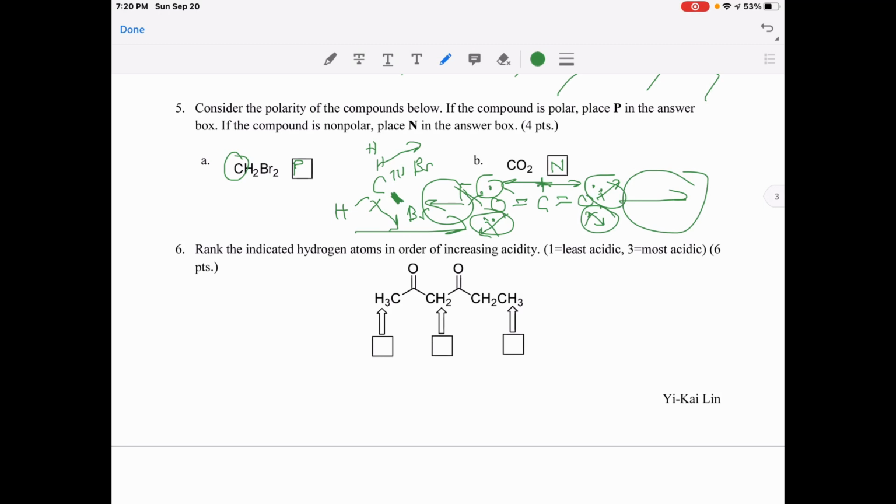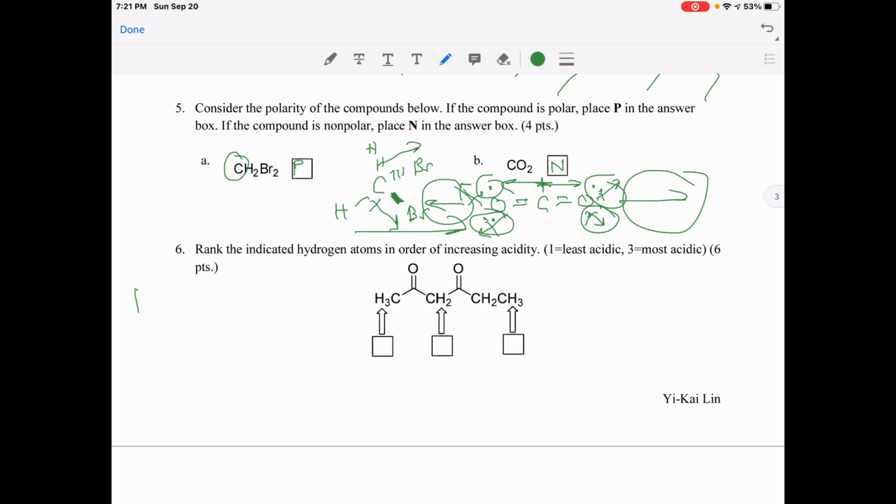For question 6, we are asked to rank these hydrogens in this molecule in order of increasing acidity. The first thing we have to consider is that acidity, especially from a perspective in organic chemistry, is determined by the stability of the conjugate base.